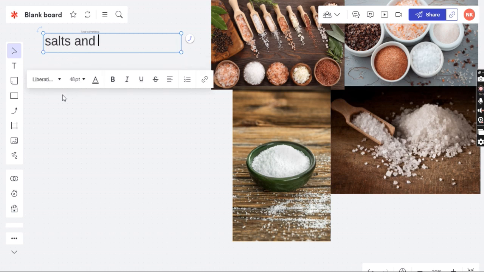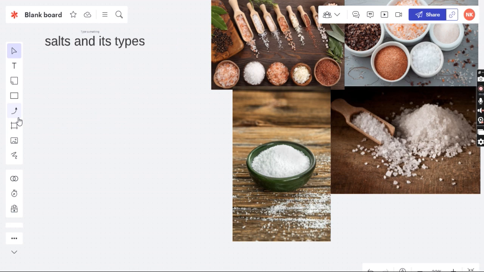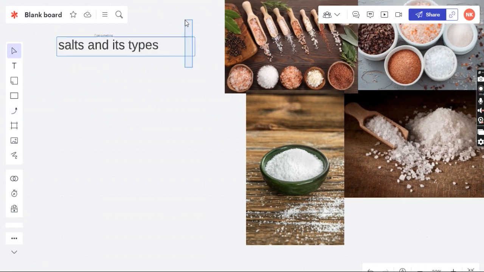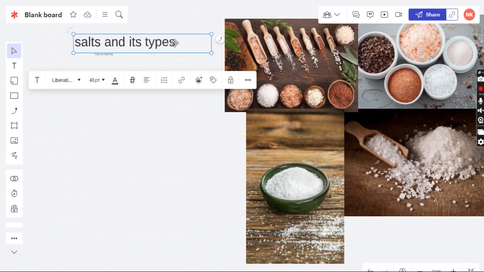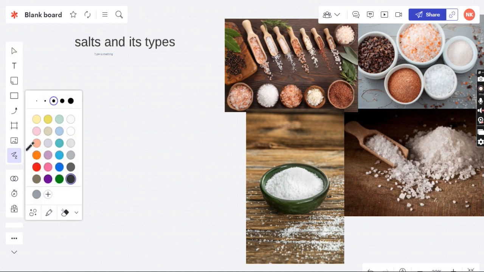Salts and its types. First of all, let's discuss what salts are. Basically, salts are composed of two things.